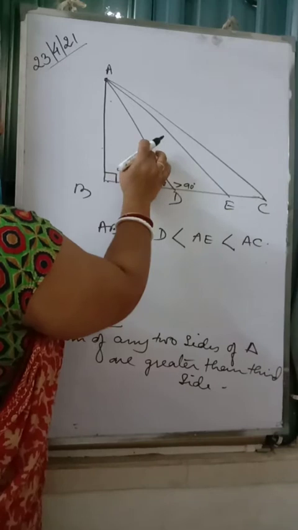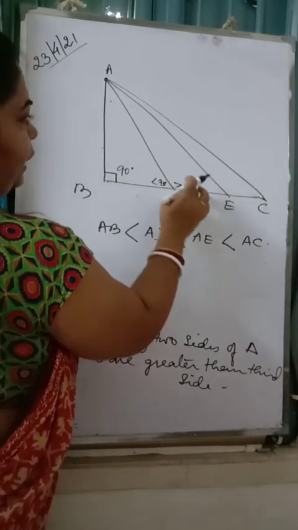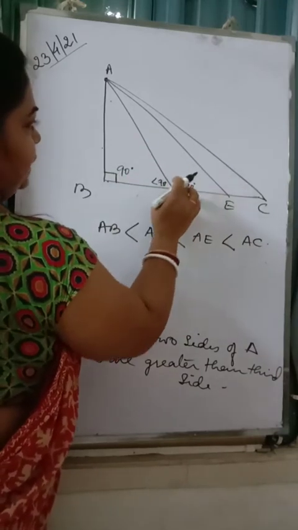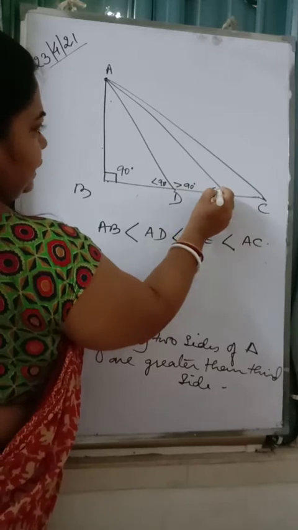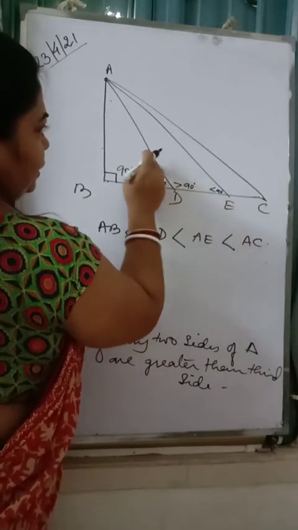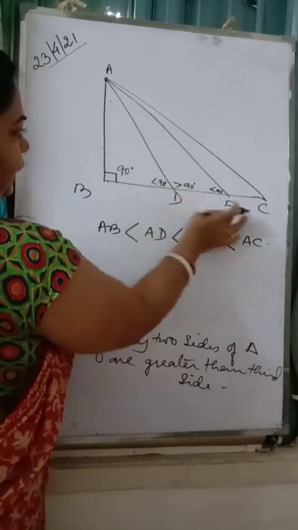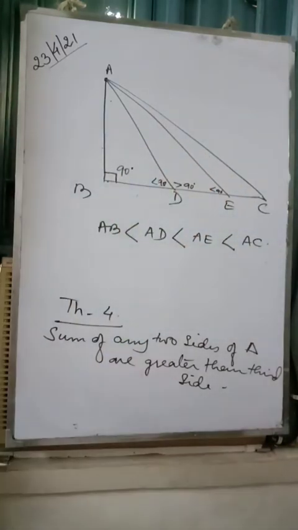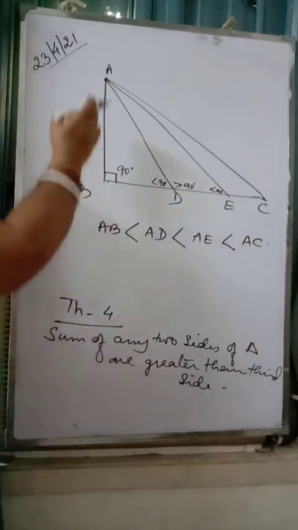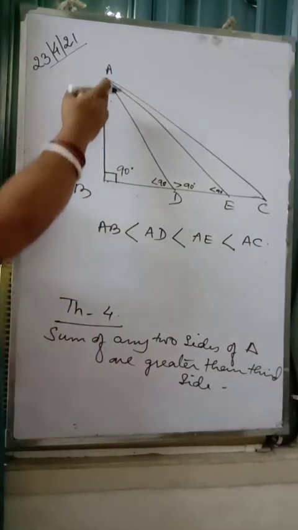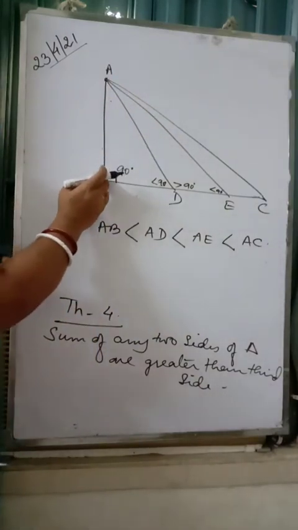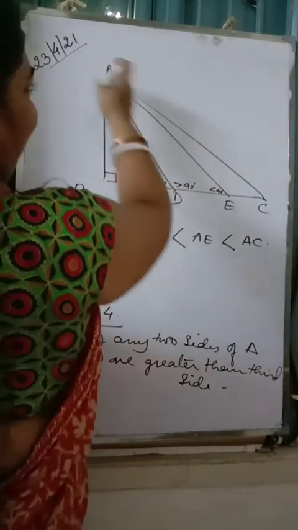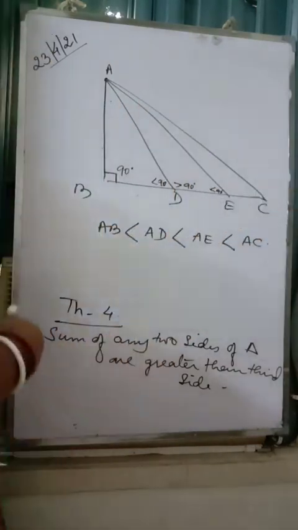So this side is greater than this. Similarly, if this angle is greater than 90, this will be less than 90. So in triangle ADE, AD would be smaller than AE. It is based on theorem number 4 only. But we can say for a line constructed from a point, the perpendicular is always the shortest. The farther the line goes, the longer the line would be.